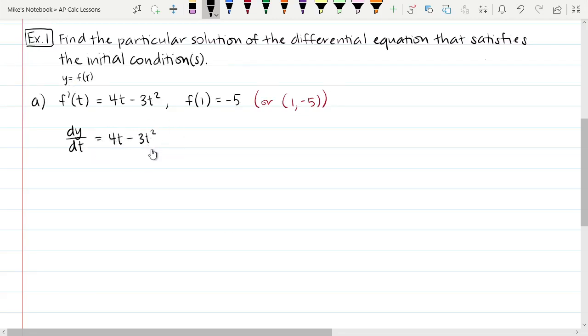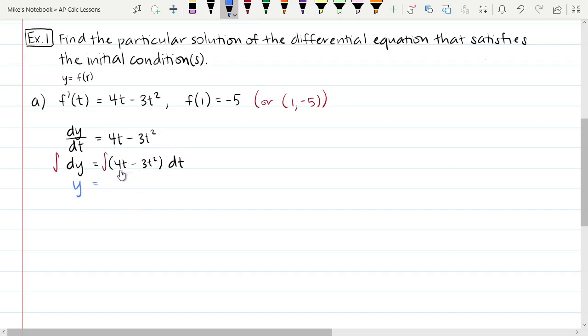Everything has a t, so I'm going to leave everything on the right side, but I am going to move this dt to the right side. So I get dy equals 4t minus 3t squared dt. And now I can integrate both sides. Now on the left side, when we integrate dy with respect to y, that's just going to be y.